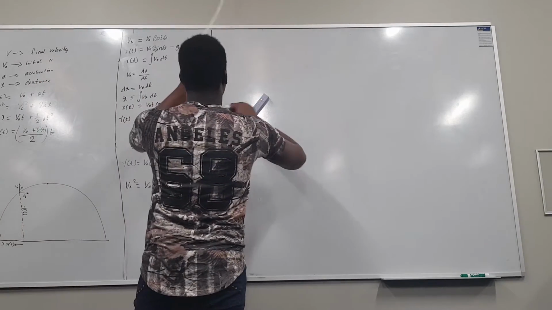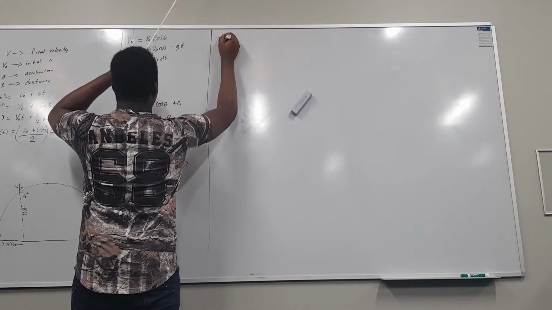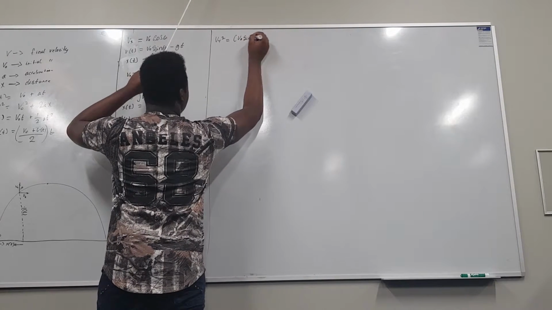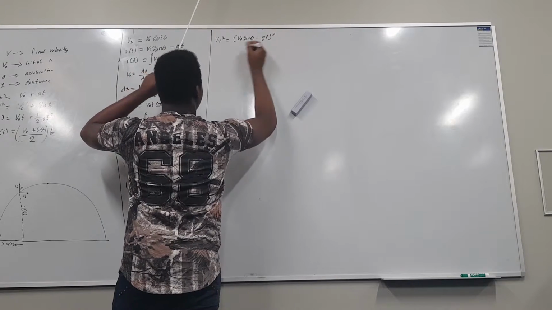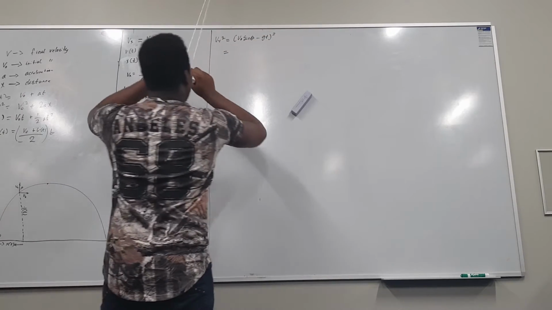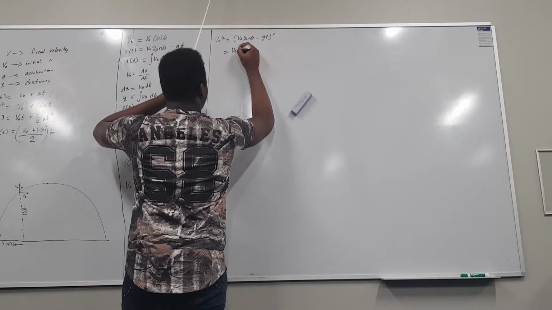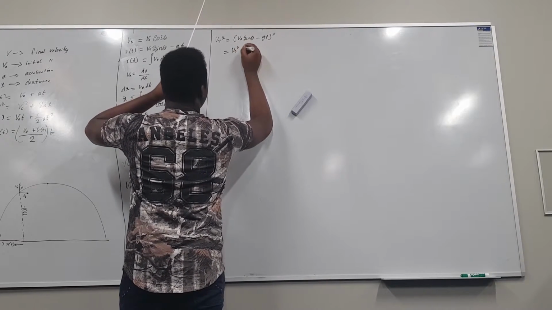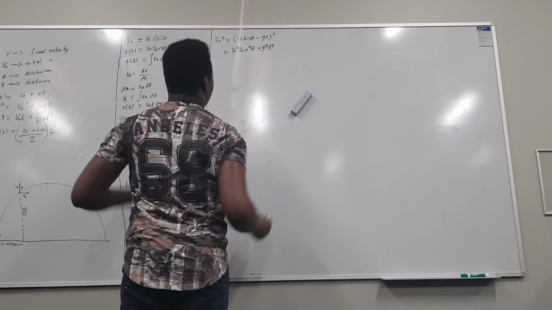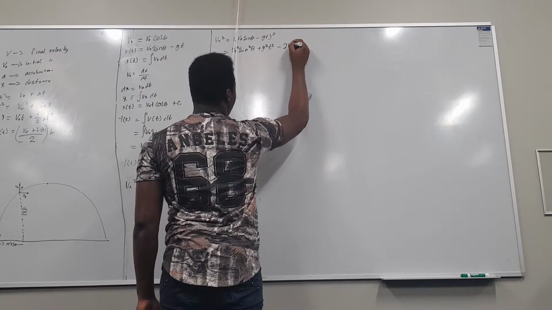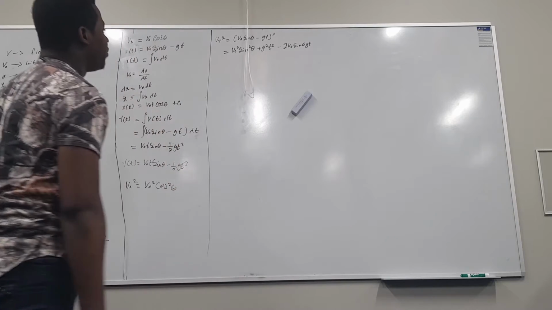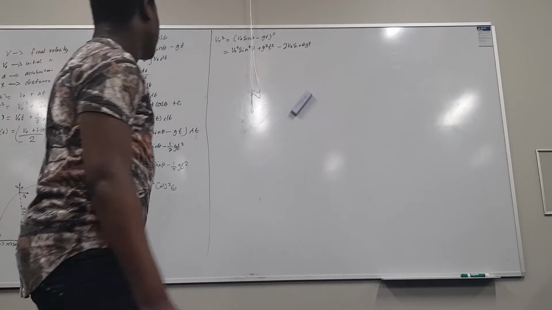Vy squared is equal to (V naught sine theta minus gt) all squared, which expands to V naught squared sine squared theta plus g squared t squared minus 2 V naught sine theta times gt. So that's Vy squared.